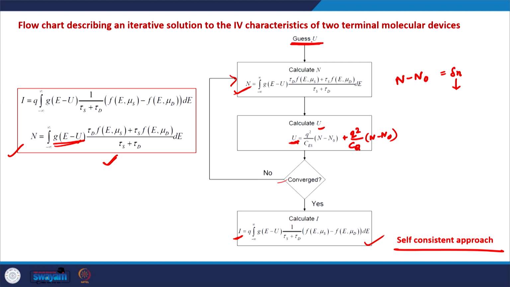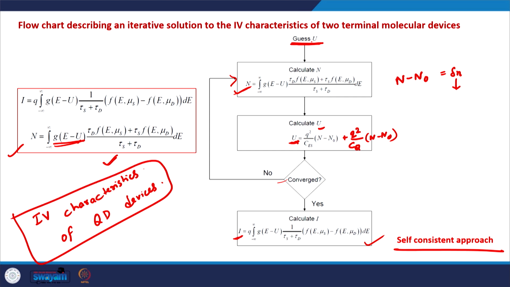This essentially completes our calculation of IV characteristics of the quantum dot devices. I would again recommend you to go back and derive these two equations from the contact current and the molecule current, and then this self-consistent approach will give us the final solution of the steady state current and the steady state number of electrons in the system.